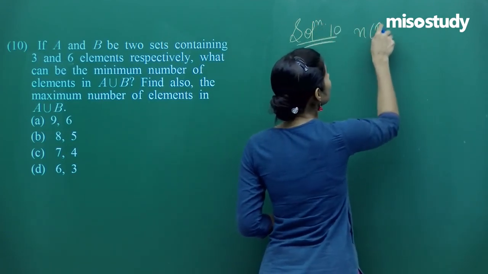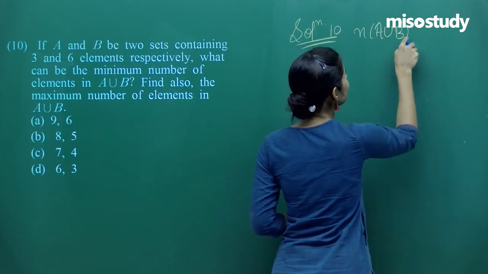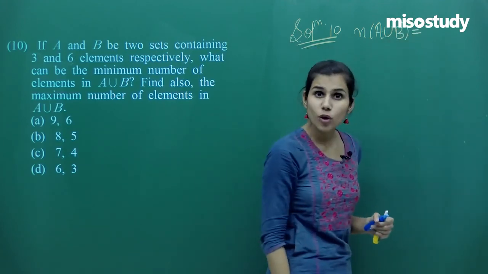We know that the number of members in A union B is equal to what?